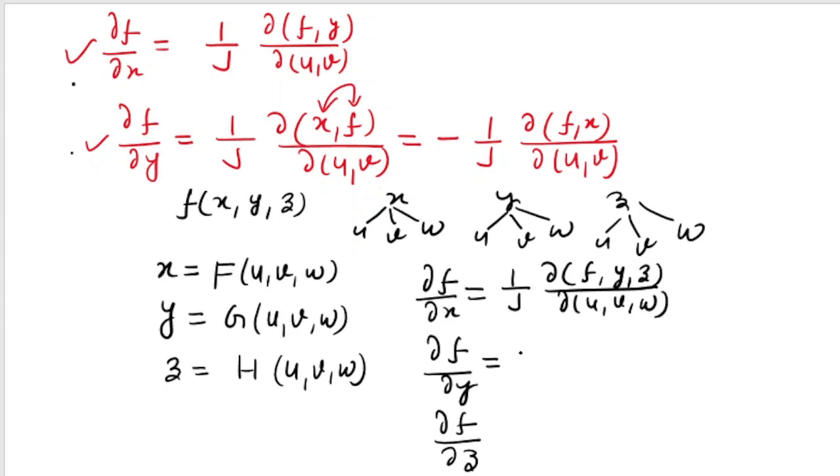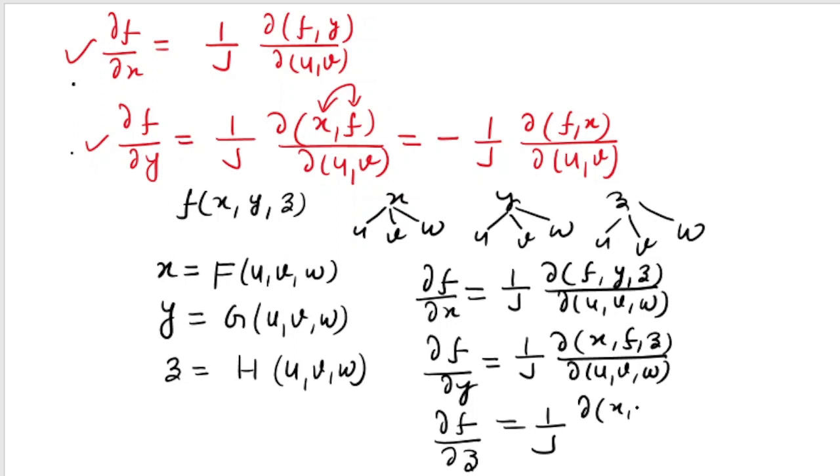This will be 1 by J, and del of, in place of y you will write f, in place of z it will remain z, divided by del of u, v and w. And this will be 1 by J and del of x, y, f by del of u, v and w.